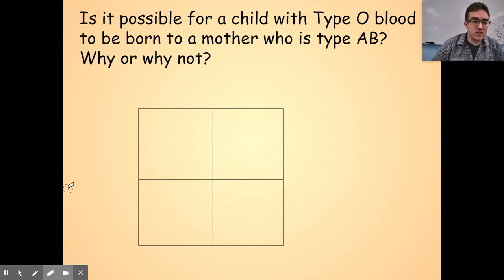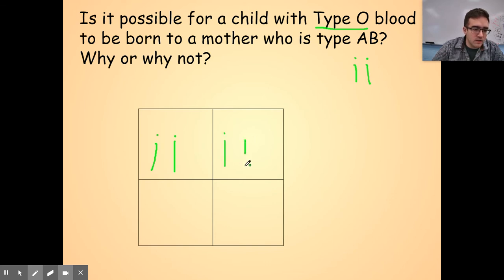We know that the child is type O. For the child to be type O blood, it has to be two lowercase i's, because O is completely recessive. So that means at least one of these boxes has to have both i's in it.